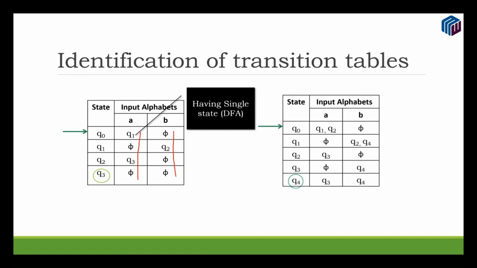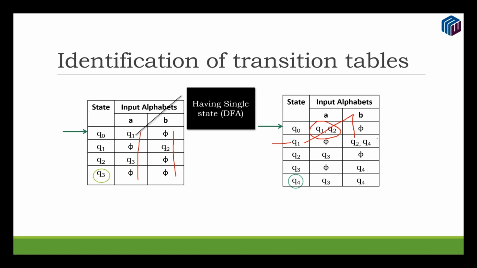Here we can observe that in the table we have two states: by reading input A on Q0, it is moving to the states Q0 and Q1 and Q2. So here we have a set of states. In the same way, Q1 on B moves to the states Q1, Q2 and Q4.